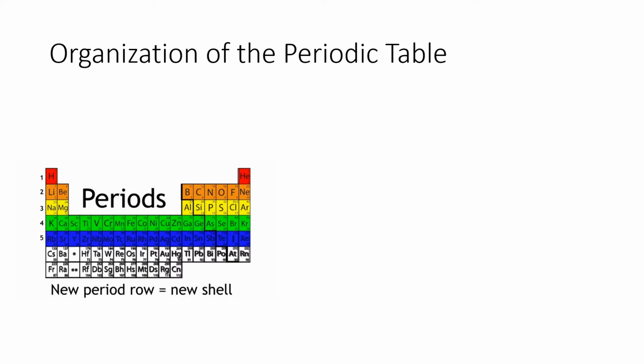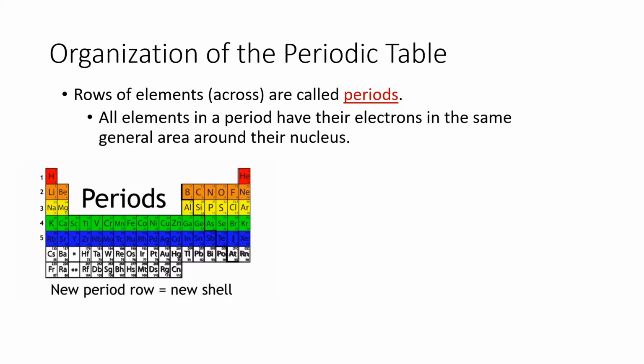Okay, we can talk about periods of the periodic table. It's the fancy official name for rows of elements. So if you go across in a row, you're in one period of the periodic table. All of the elements in a period have their electrons in the same general area around their nucleus. So whatever row number you're in is equal to the number of rings or shells of electrons.